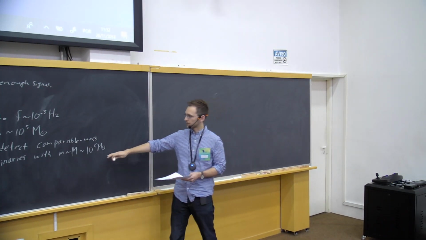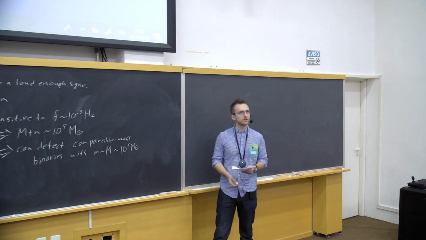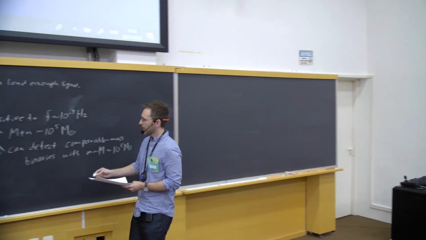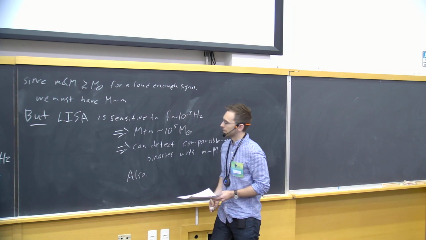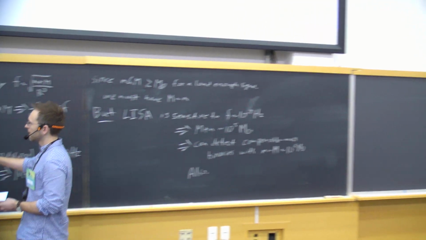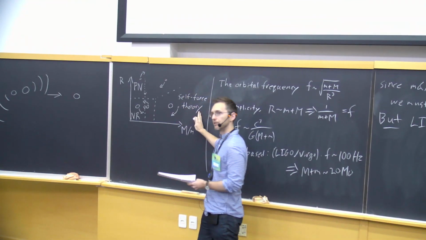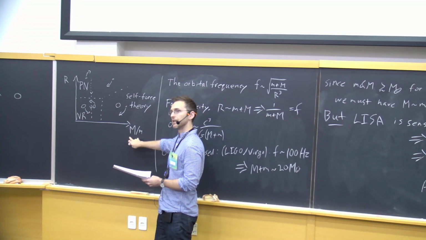So these are the kind of supermassive black holes at the center of galaxies. Also, LISA can move into this region on the far right, where the two masses are very unequal in size.